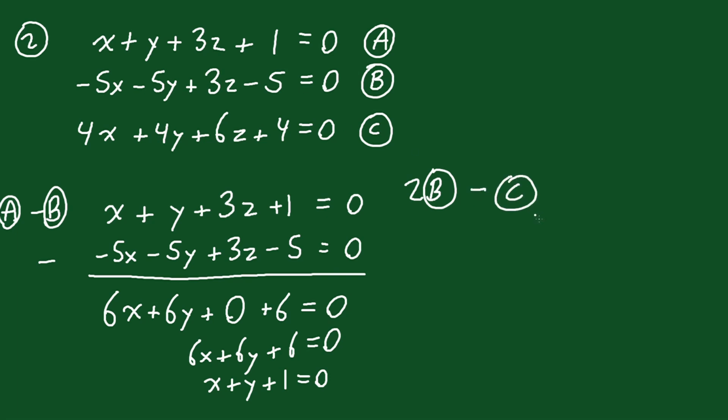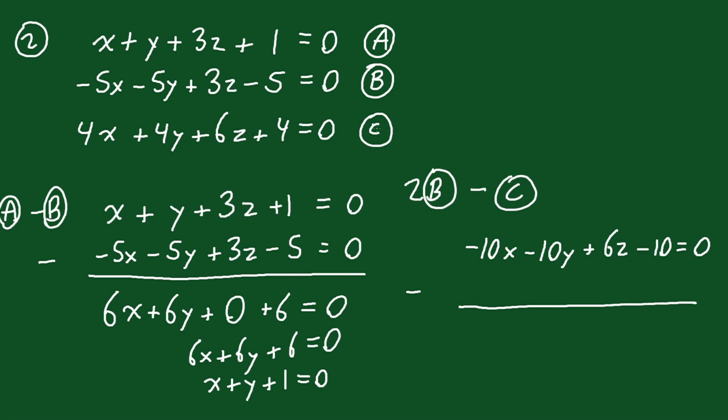That's what I'm going to do here. So 2 times equation b, that gives me negative 10x minus 10y plus 6z minus 10 is equal to 0. And then I'm going to subtract equation c, which is 4x plus 4y plus 6z plus 4 is equal to 0.